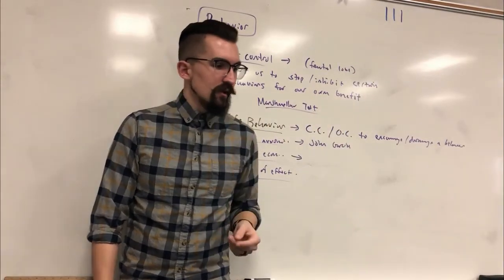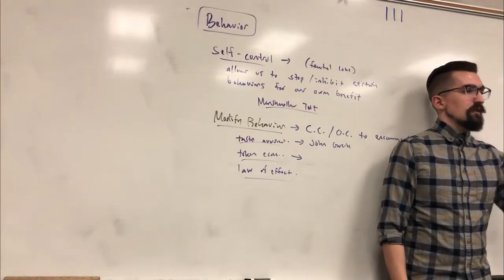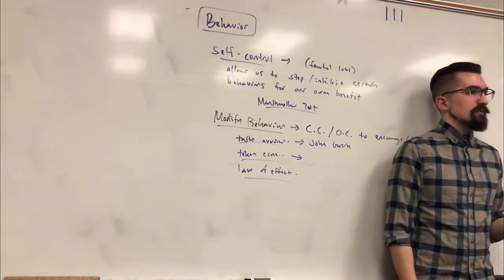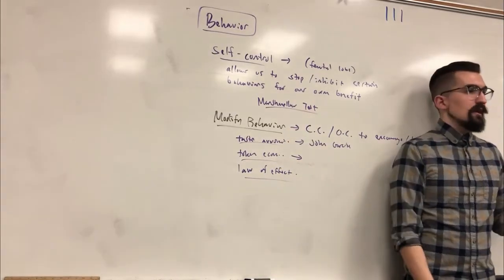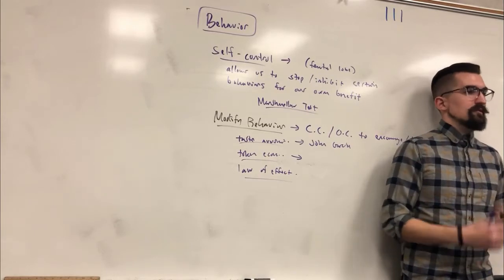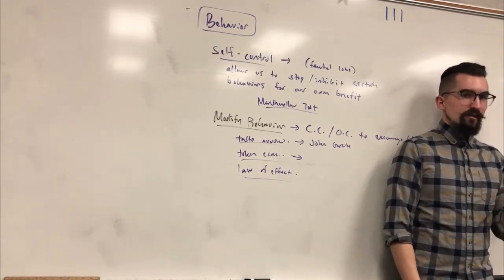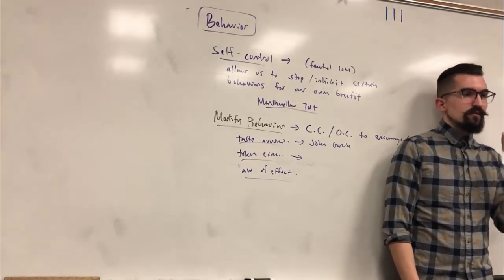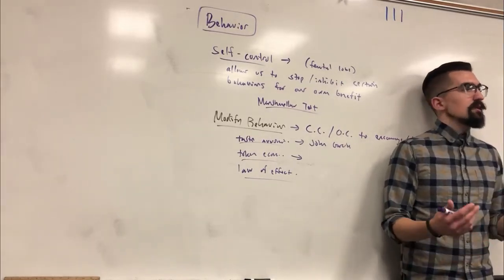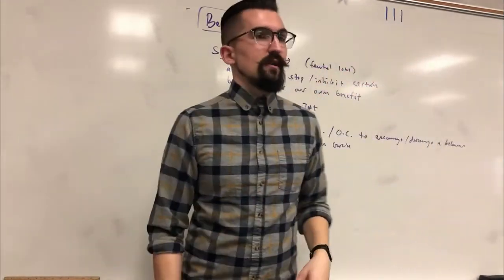What you can do though is trick yourself somewhat by rewarding yourself for studying. So what you do, and you do have to have some self-control for this, is you study first, and then immediately when you're done, you reward yourself with something you like, whether it's video games or food or whatever. And you do that every time. So over time, your brain starts to associate the behavior, or at least, even if you don't associate it, you realize that as long as I do this, I can reward myself.